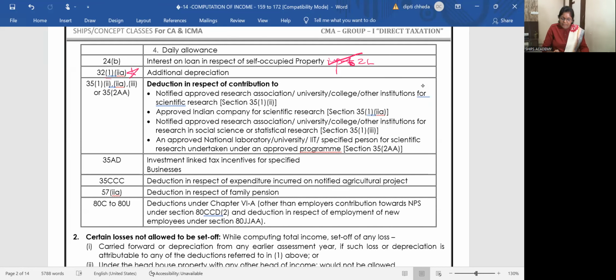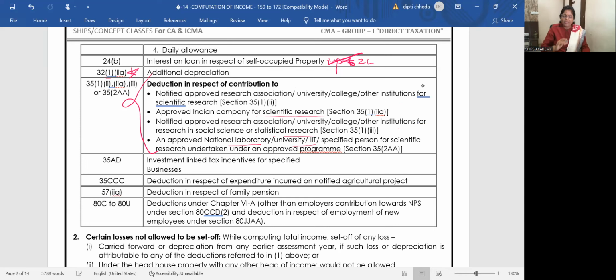Now deduction in respect of contribution to approved research institute, college and all for scientific research. Remember? 100%. From this financial year, no weighted deduction of 150 and 200%. Only 100% was allowed, and that is also not allowed. Approved Indian company for scientific research, notified research university for statistical research, not science but data-related research, approved national laboratory university.